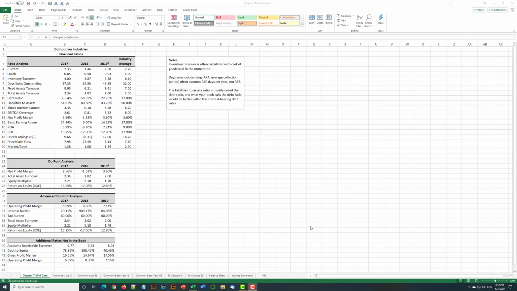Okay, this is the spreadsheet that I've put together for the mini case in chapter 7. As usual, we've already gone through most of the material in the spreadsheet in the lecture. So there's no need to spend a whole lot of time looking at the spreadsheet, but I'll go through some of it very quickly here.